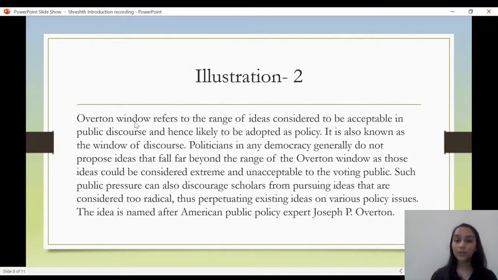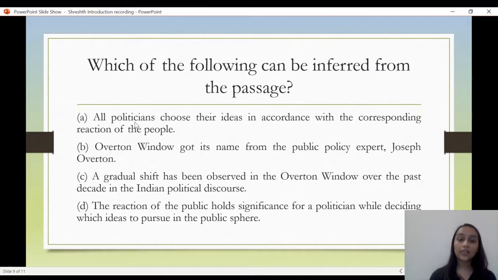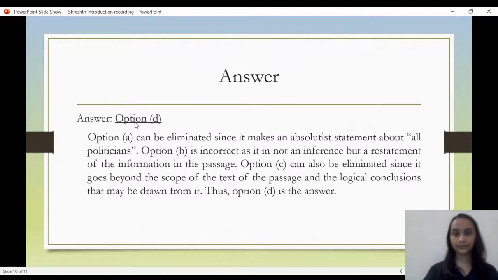This would only happen if politicians accorded that much importance to the opinion of the voting public. Only because the public is finding it unacceptable is the politician deciding not to pursue those ideas in their political discourse, right? So this is why we can infer that the reaction of the public, the opinion of the public, has great significance for a politician when he's deciding which ideas he wants to pursue in the public sphere. So this is the correct inference, option D.